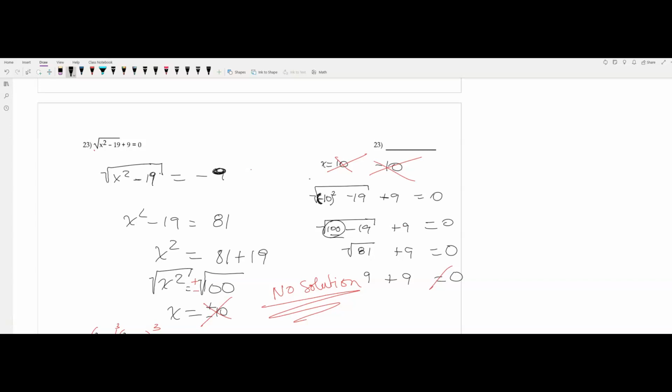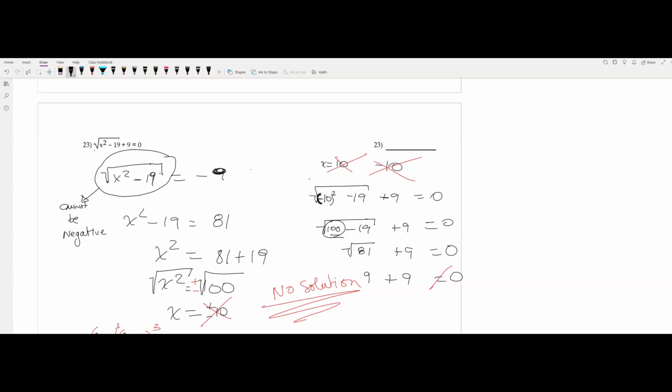Well, we do know that the square root, with an even index, that result cannot be negative.